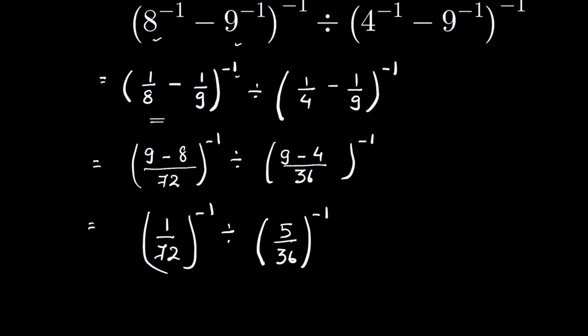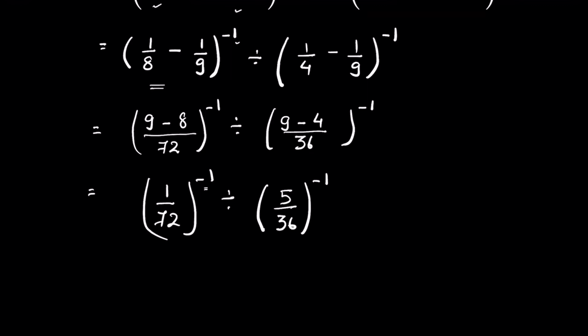Now let's deal with this exponent. 1 upon 72 raised to the power minus 1. So the multiplicative inverse of 1 upon 72 will be 72, because 1 upon x is the multiplicative inverse of x. If you have to find the multiplicative inverse of 1 upon x, then it would mean 1 upon 1 upon x.